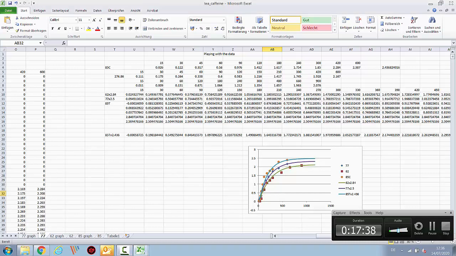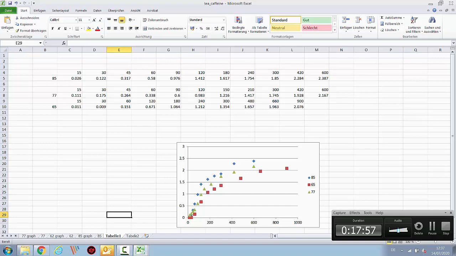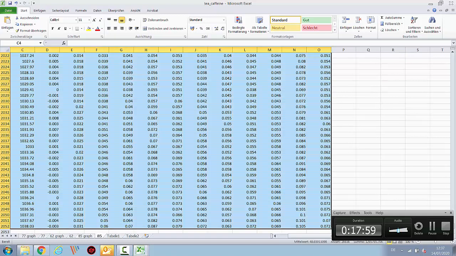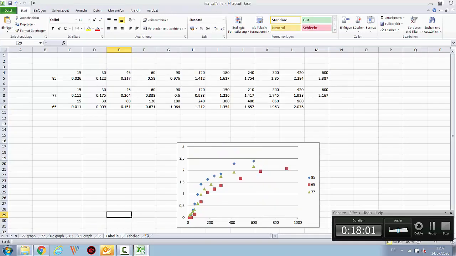So again, this is the whole of the data on one graph. There's both the brownness data and the caffeine data, but the brownness data has been shifted. So it's better to look at the original two graphs, which would be this one here.